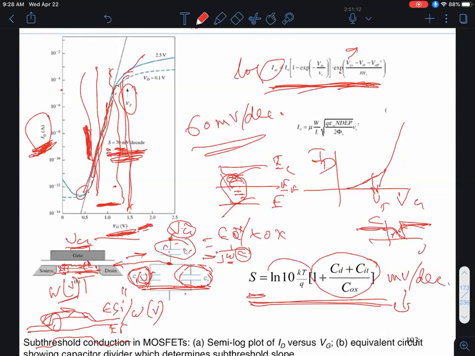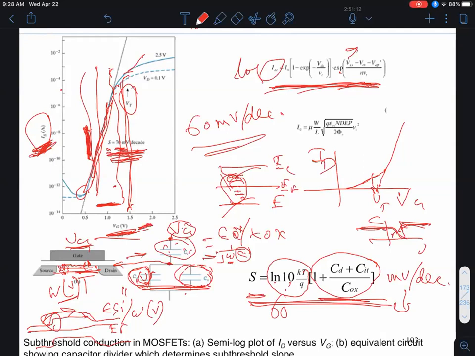So it turns out this first prefactor, that's natural log of 10, that's roughly 2.3, times KT over Q, which at room temperature is 26 millivolt, and that works out to 60 millivolts per decade. And the rest of it is a capacitor divider. So the question then becomes, what is the theoretical minimum of the subthreshold slope of a MOSFET?